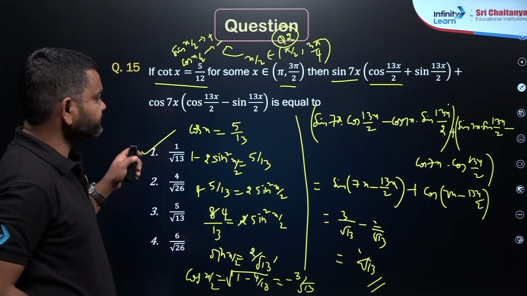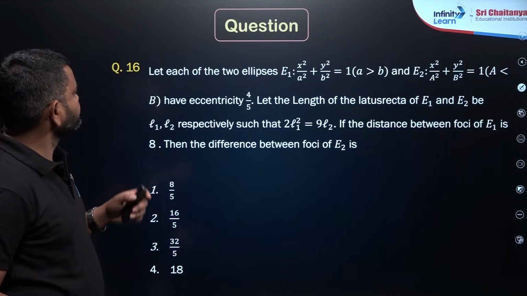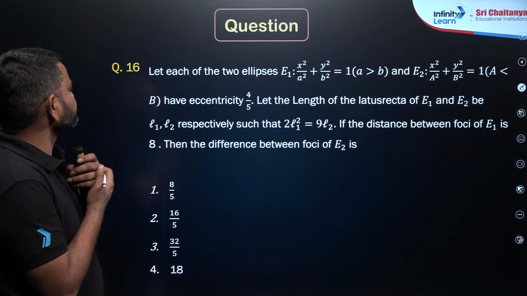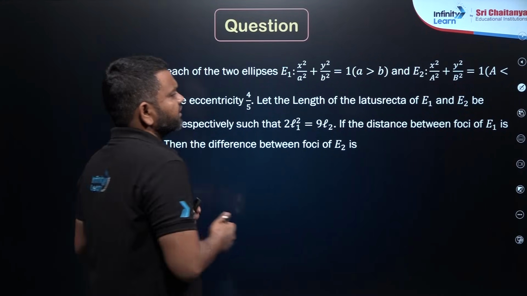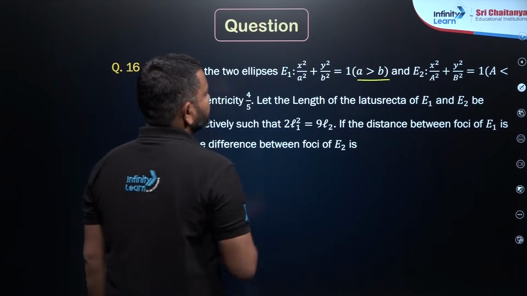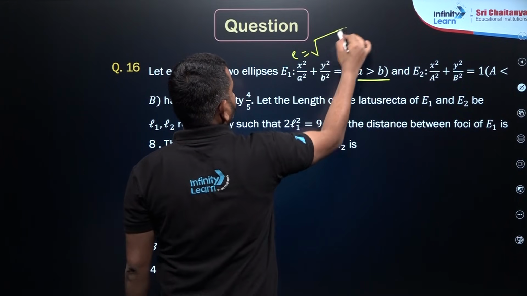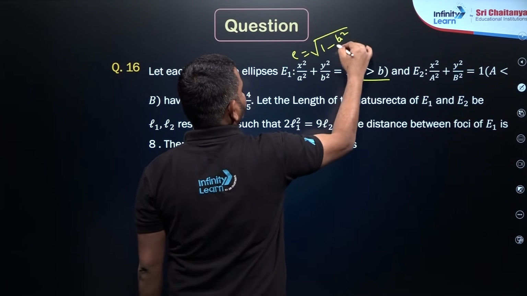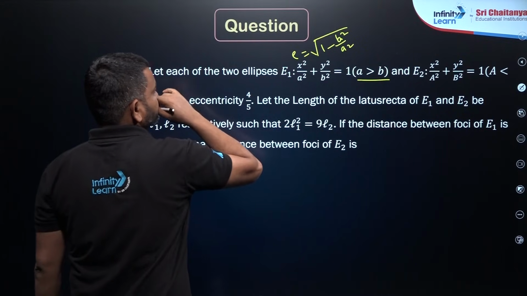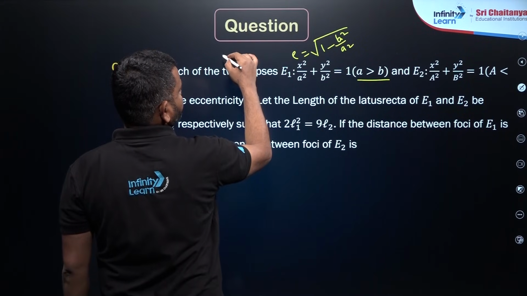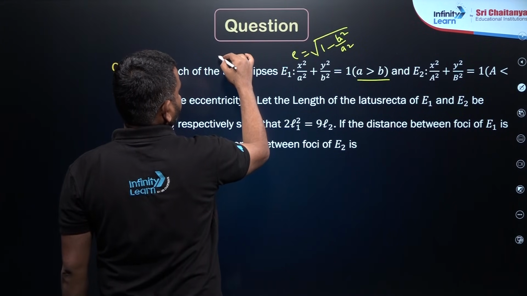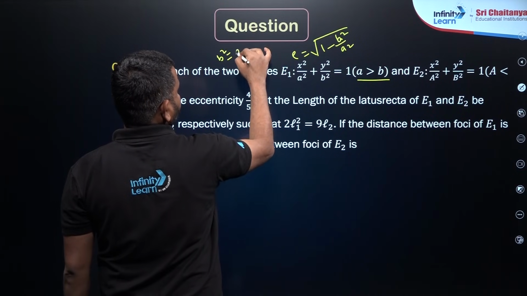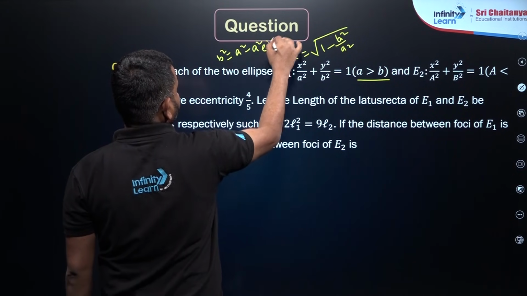Okay, next. So we have here two ellipses, here a greater than b. So the eccentricity of this is going to be under root of 1 minus b square by a square, right? So b square is equal to a square minus a square e square I will get.